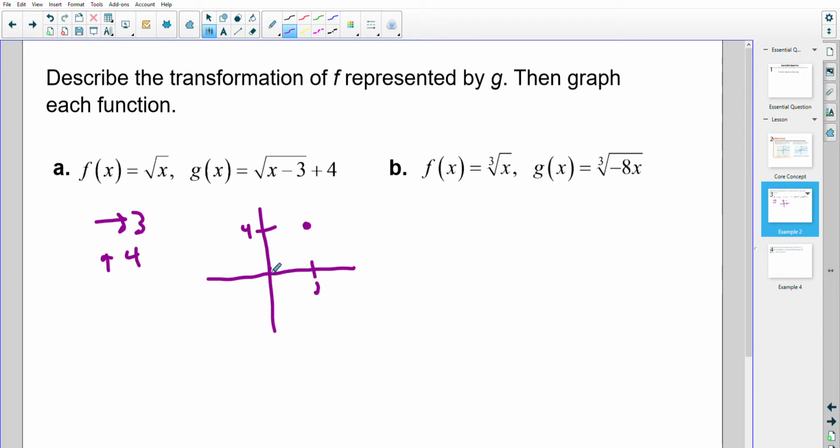So instead of it being at the origin, it's now at 3, 4, and it's going to come across like this. If you want to get another point, let's see what would make sense here. 4, and if you put in 4 here, you're going to get a 1. Square root of 1 is 1, so that's going to be 5.